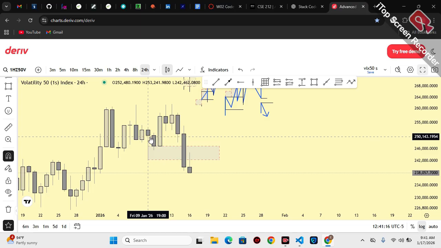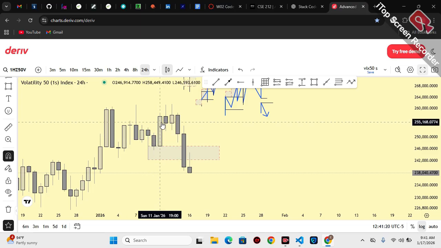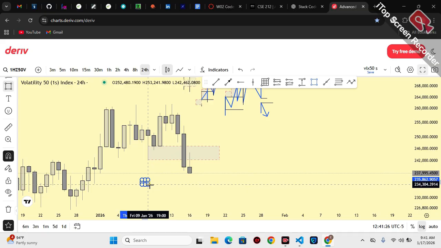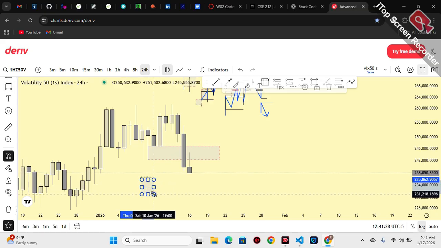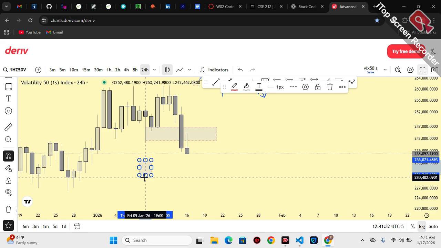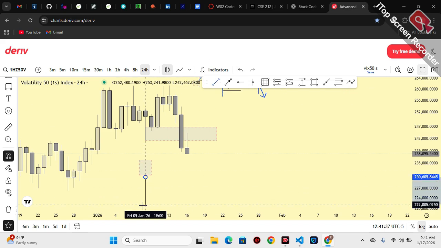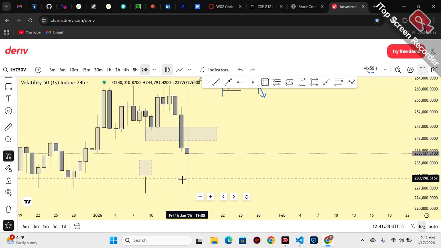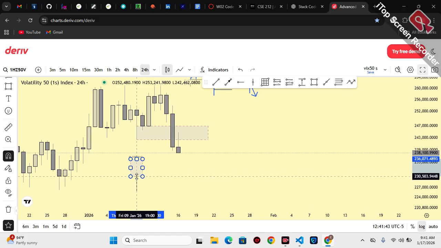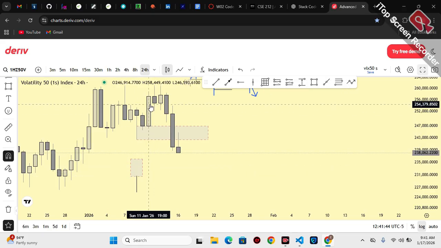So on this day and these 2 days, let me draw how it's supposed to be. It's supposed to be something like this, where this is supposed to be the first candle, the first two candles, and then the second two candle will be in this form.